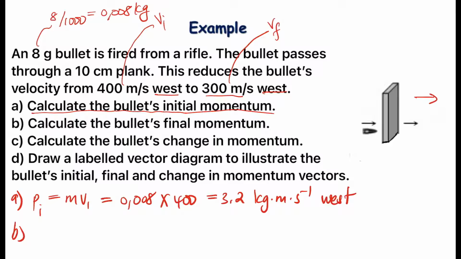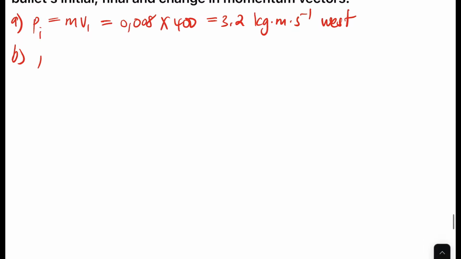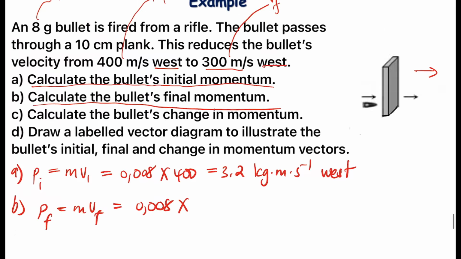And then B, it says calculate the bullet's final momentum. So we take the mass and we multiply by the final velocity, which is 300.